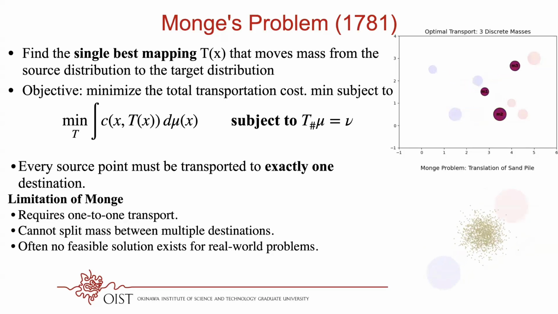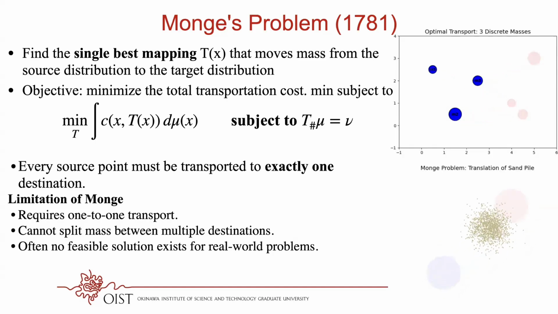As we can see, the whole mass is transported from one place to another. There are several limitations: it requires one-to-one transport, it cannot split mass between multiple destinations, and often no feasible solution exists for real world problems.